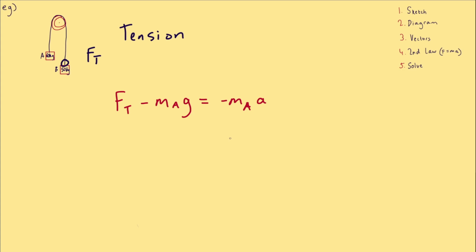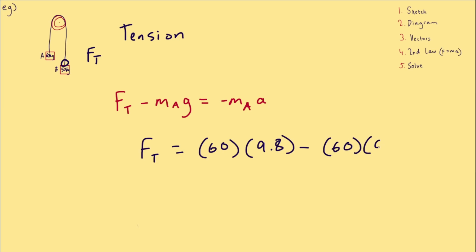It's from the equation that we created from our free body diagram. Go ahead and solve for Ft, plug in your values. So that would be Ft equals 60 kilos times 9.8, minus 60 kilos times 0.89, which is our acceleration.